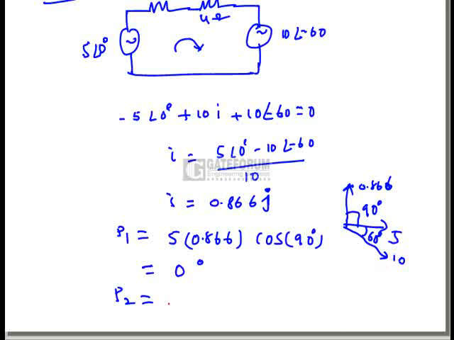The power delivered here is V I cos phi: the voltage is 10, the current is 0.866, and the power factor cos phi is cos of 90 plus 60, that is cos of 150 degrees. If we solve this, we get the power 7.5 watts. So P1 equals 0 and P2 equals 7.5 watts. So the option is C.